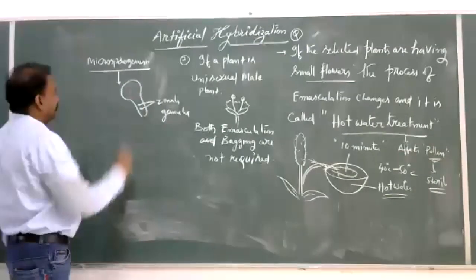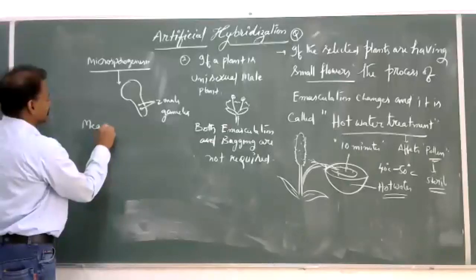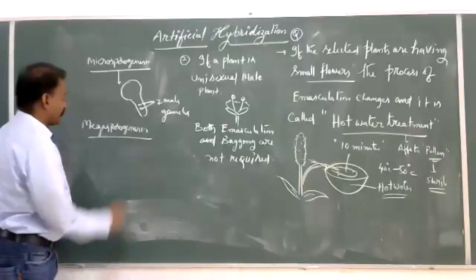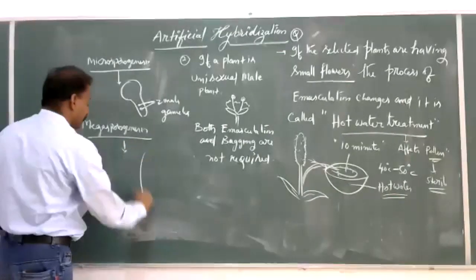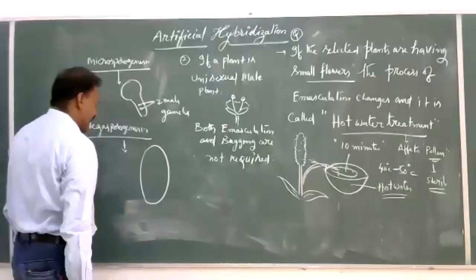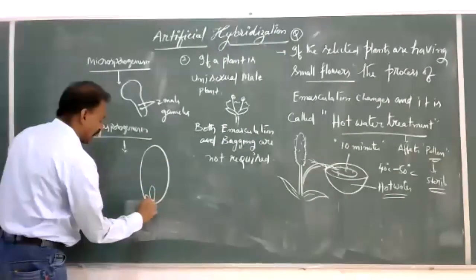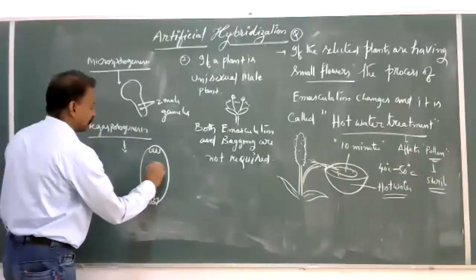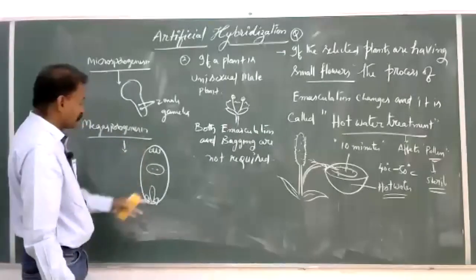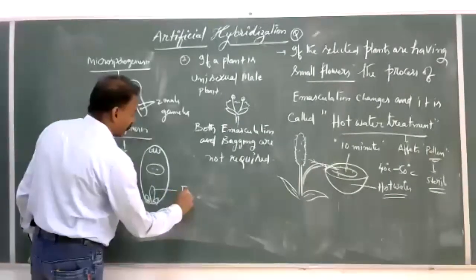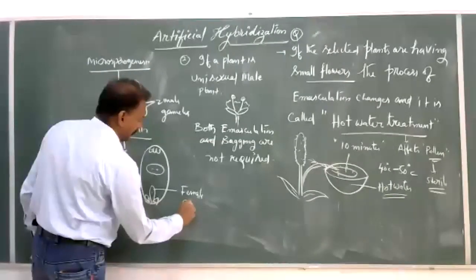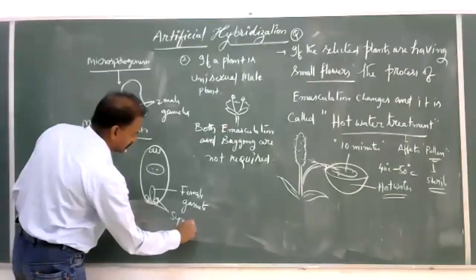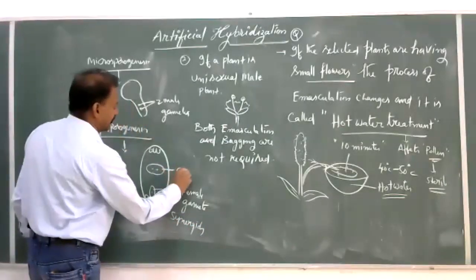And megasporogenesis, the process of formation of the embryo sac with egg apparatus, synergids, antipodals, and central cell, is called the female gametophyte. It has the female gamete, synergids, central cell, and antipodals.